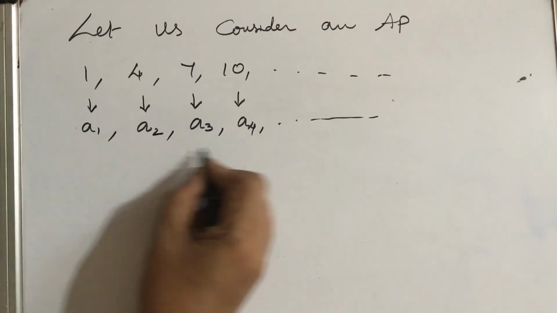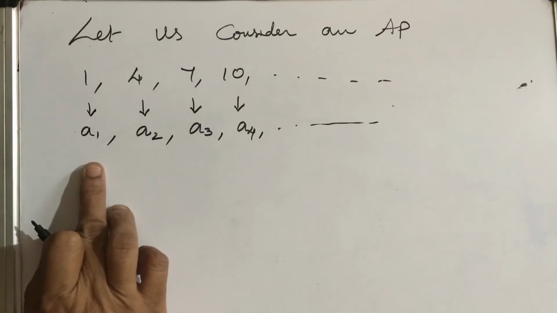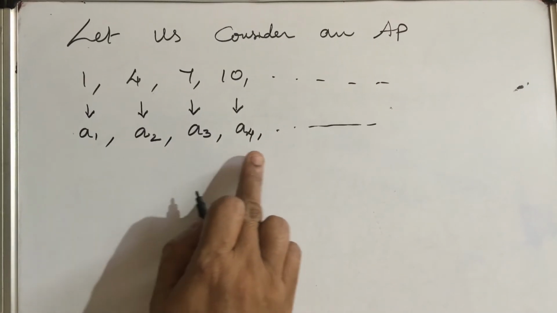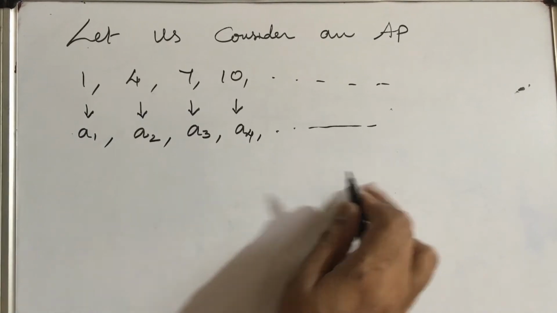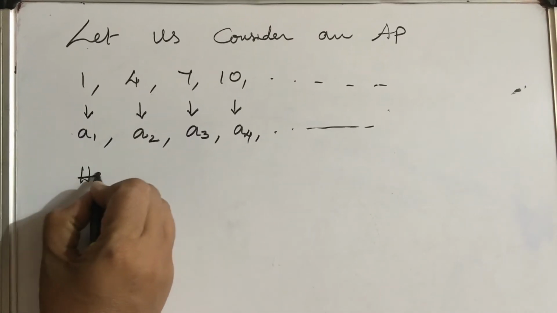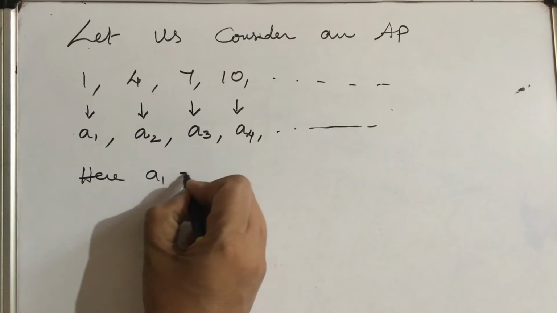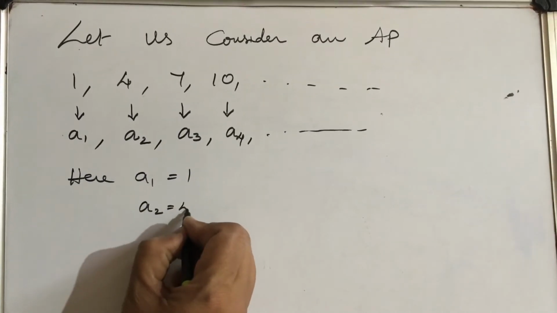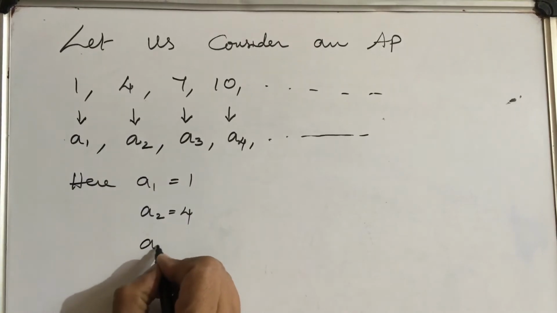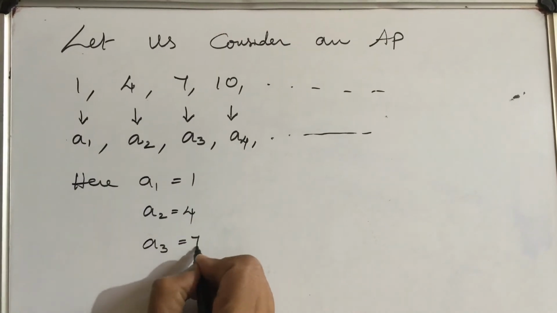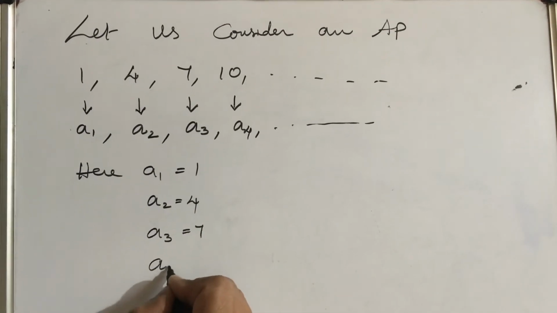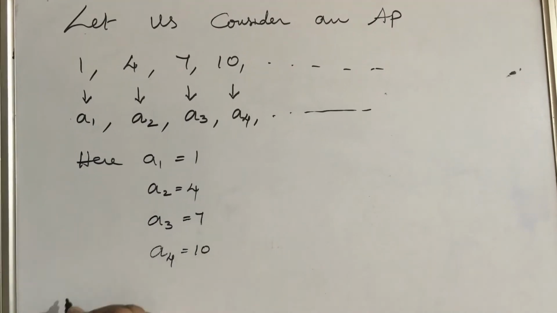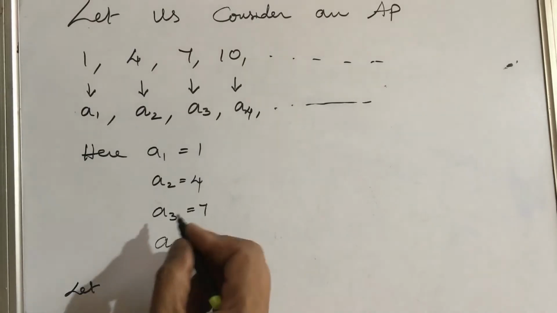In this manner we get the terms in an AP as A1, A2, A3, A4 and so on. Here A1 is 1, A2 is 4, A3 is 7, and A4 is 10.